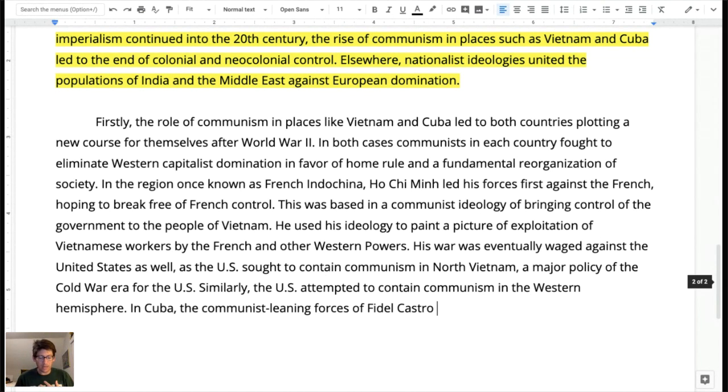Fidel Castro, the U.S. attempted to contain communism in Cuba. The communist-leaning forces of Fidel Castro, I'll use the term pushed back, although I think I use that too much in my writing, against American and other Western economic imperialism.